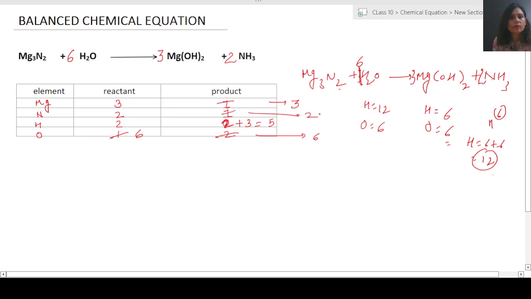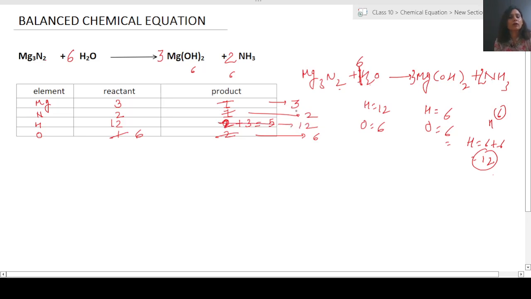Right. Then H here it is 6 into 2, 12, and here 3 into 2, 6, and this 6 will go to H, so here 6, and here also 3 2s are 6, so it will become 12. So H will become 12 here, and here also it will become 12.